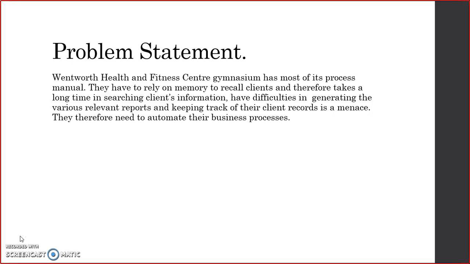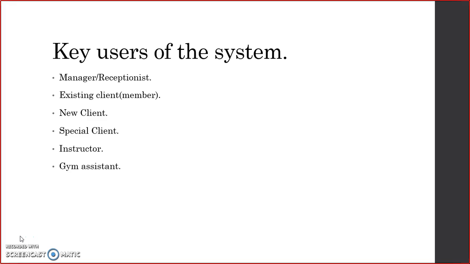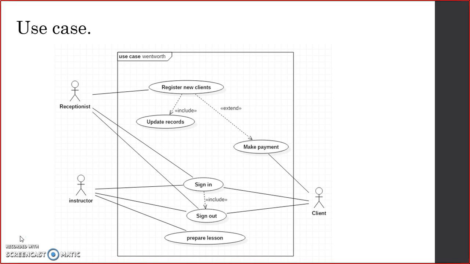So in the past weeks, we covered the problem statement. Next, we also did the to-be process models and to-be data models. We identified the key users of the system.